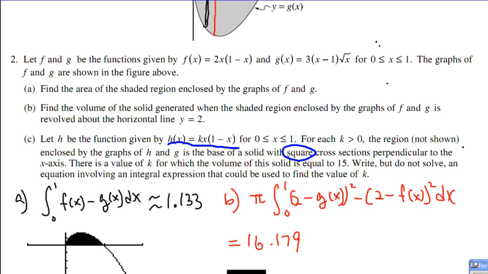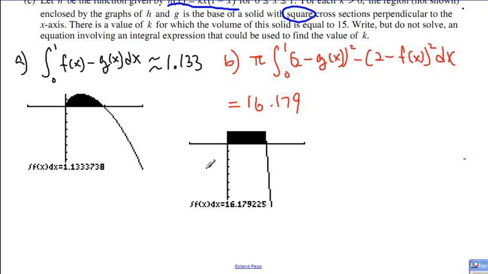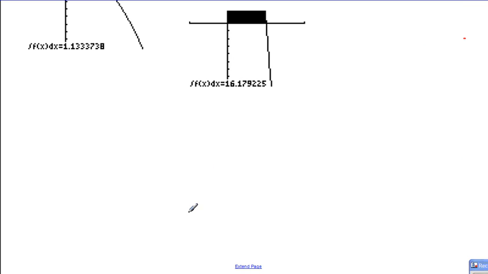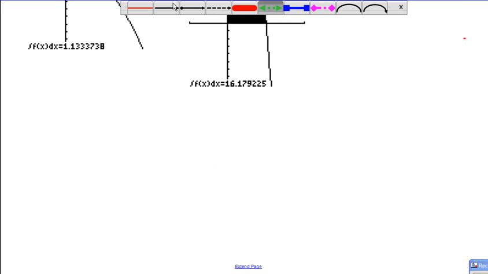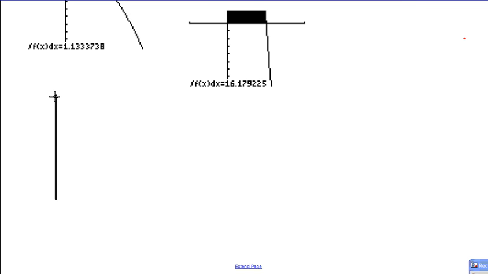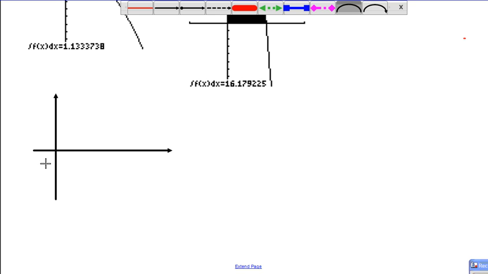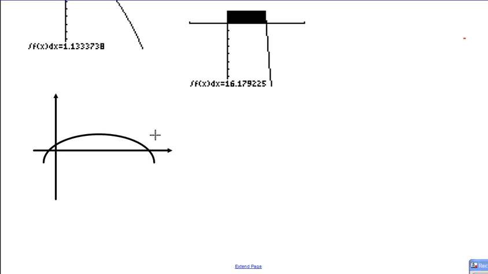When you look at the graph, chances are the graph will look somewhat similar to before, as in one graph will look like this. The other graph will look like this.